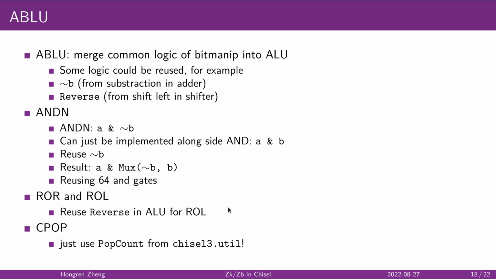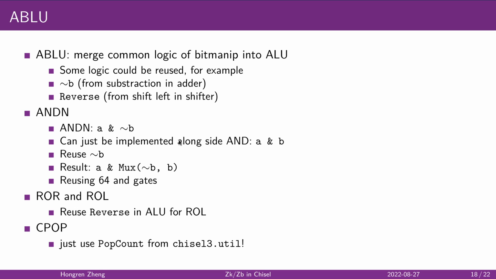For ABLU, the design goal is that we should merge some common logic of bit manipulation into the ALU. So in the original ALU, we have many existing logics, like negating the second input and reversing the input. We name some examples here, like for the AND negate.